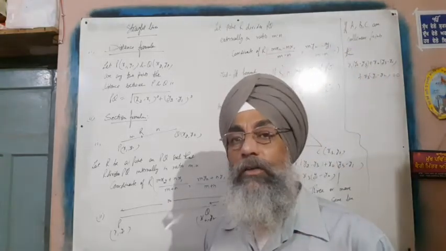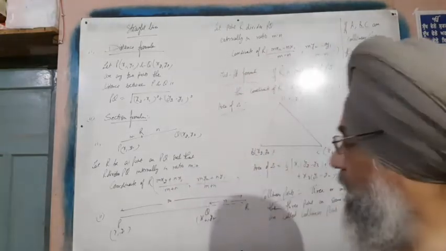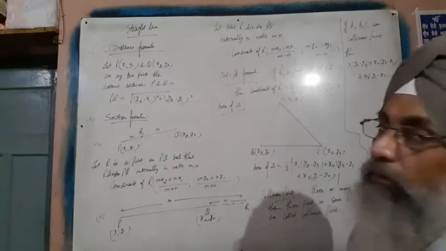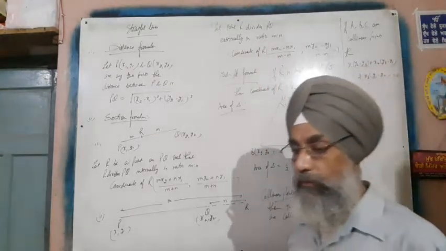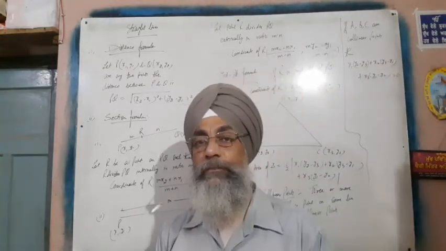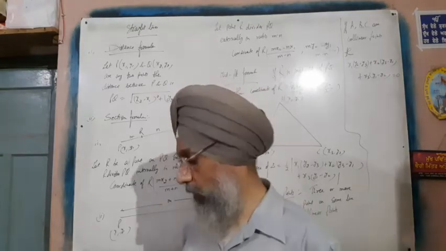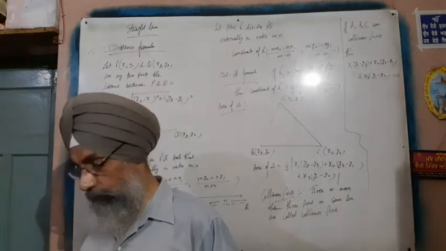We place the sign of the mod in the area formula because the area can't be negative. But if the 3 points are collinear, then x1 (y2 minus y3) plus x2 (y3 minus y1) plus x3 (y1 minus y2) is equal to 0. All of that you have read in class 10th, except this external formula for the section formula, where a point R is dividing PQ externally. We are starting with a new concept of class 11th.